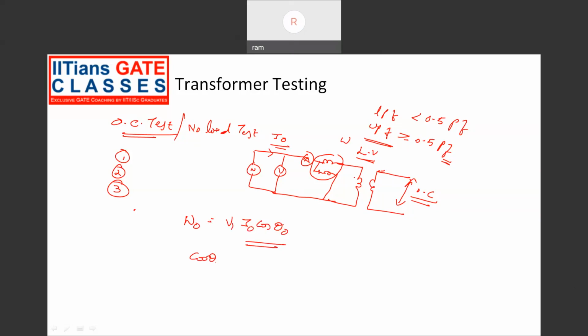So cos theta naught can be given as wattmeter reading by V1 into I naught. We know that input power equals output plus losses. Here we don't have any output because it is open circuited, so the input power equals the losses of the transformer under no load condition, that is iron losses.